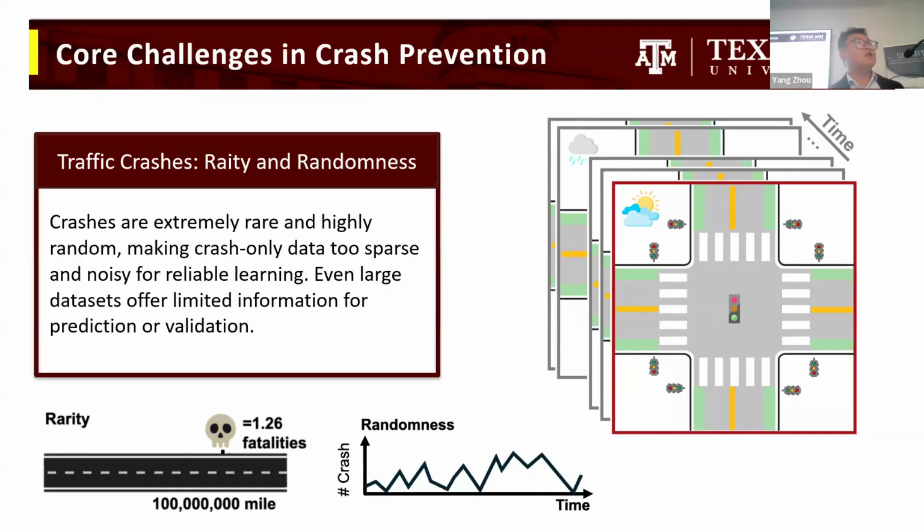So this rarity really prohibits the analysis of crash prevention, and especially we also know there is randomness inside traffic crashes, which makes the task even more challenging.